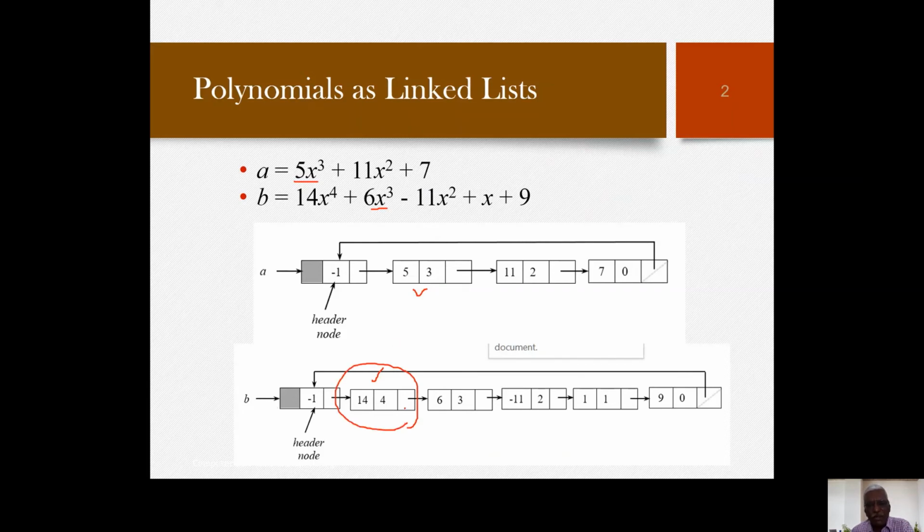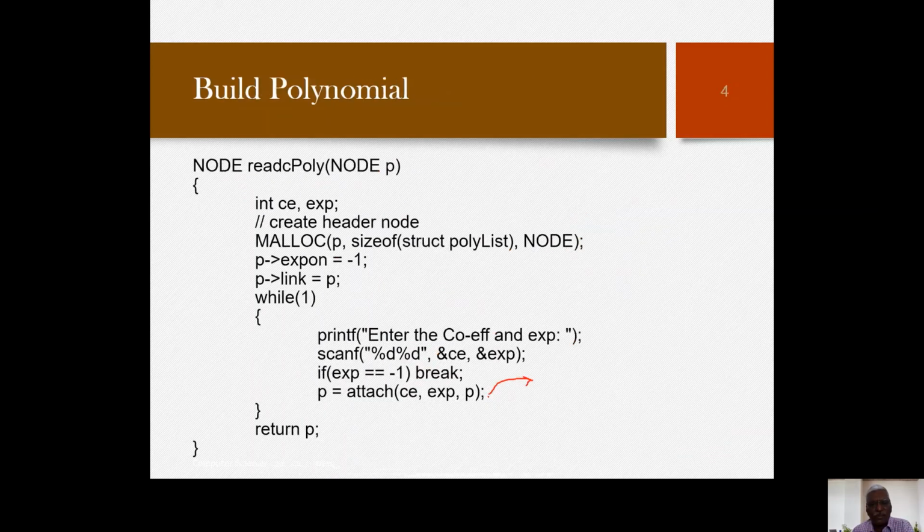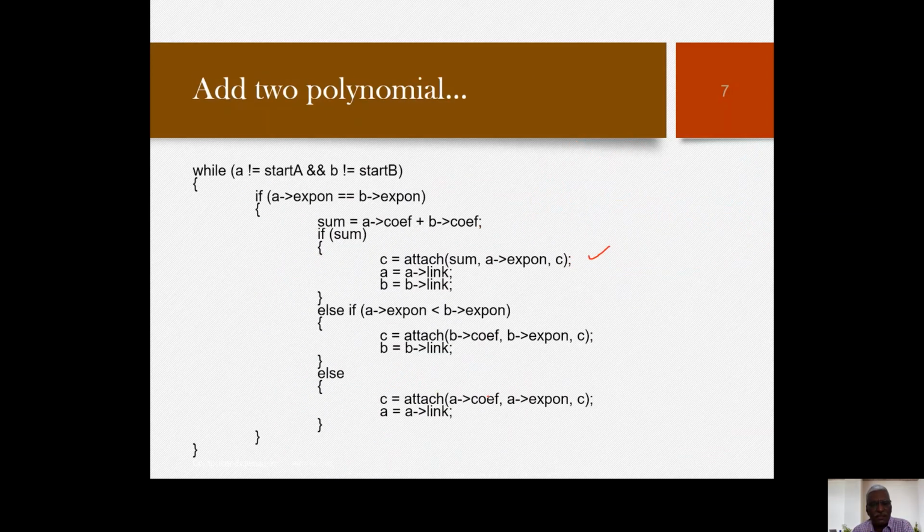So this pointer variable B will be advanced. You can see here, B will be advanced accordingly, and here A will be advanced accordingly. So depending upon the larger one, because we don't have a matching term, it will actually be added to the resultant linked list, which is called your C.